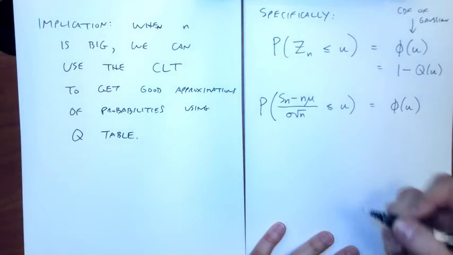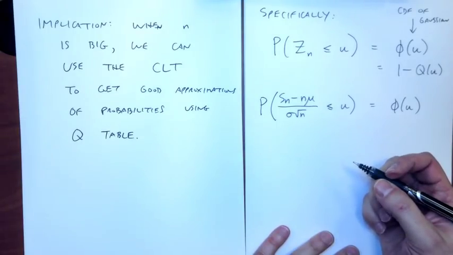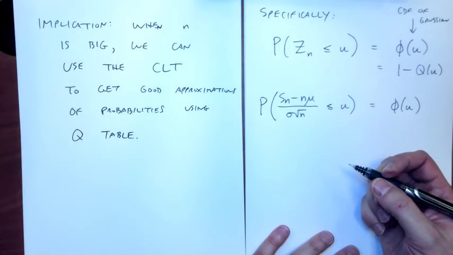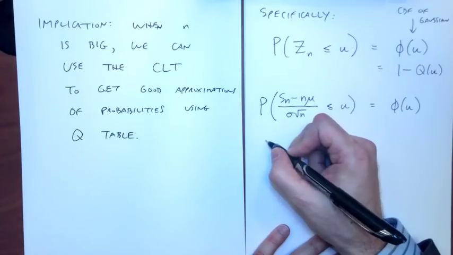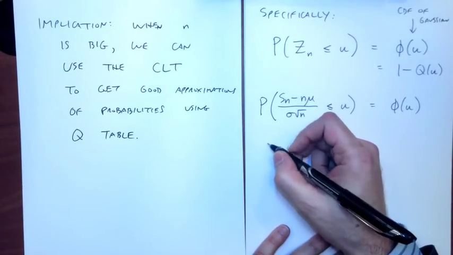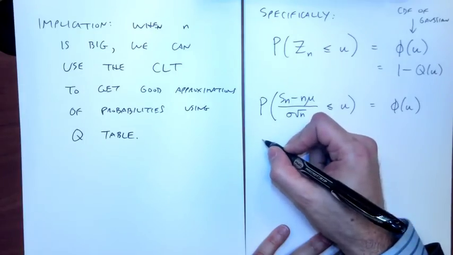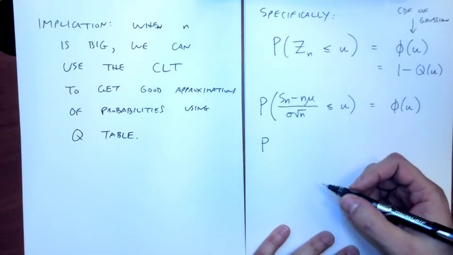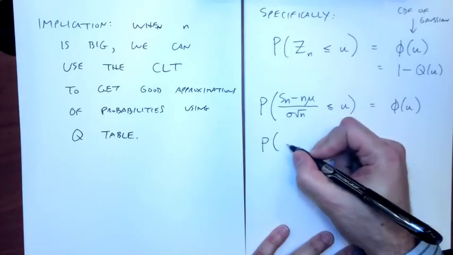And now what am I going to do? Well, I can make this something that's in terms of the mean, right? So first of all, let me write it like this.